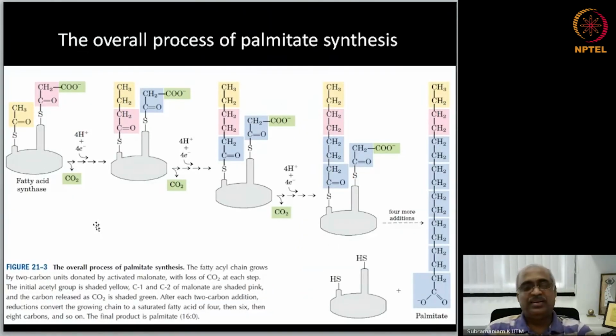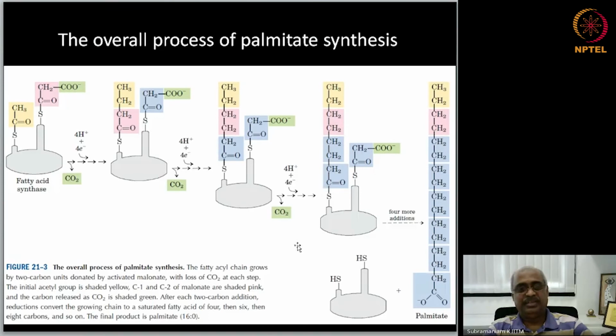So this is summary of the entire series of reactions to make the palmitate. Okay, so we saw this first step after the preparatory steps. Remember, by this step we have gone through 3 reactions: this carboxylation, loading on the ACP thiol group, loading on the synthase thiol group, then condensation, reduction, dehydration, reduction.